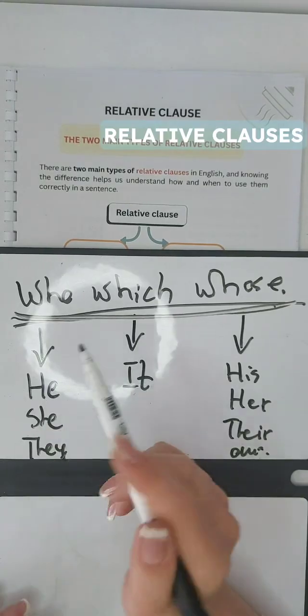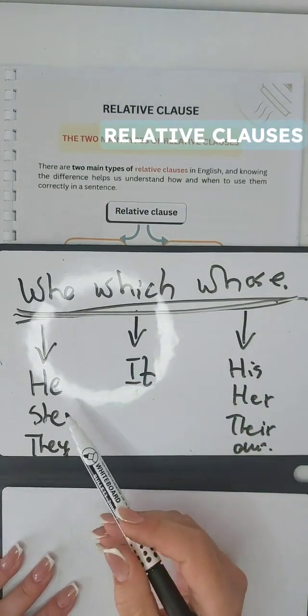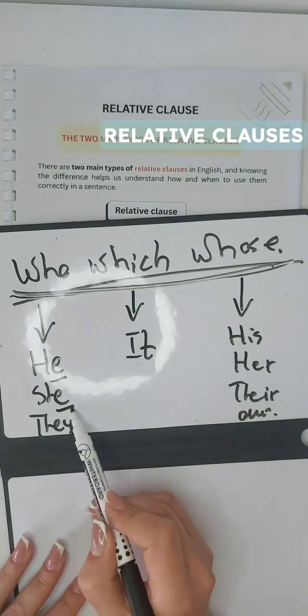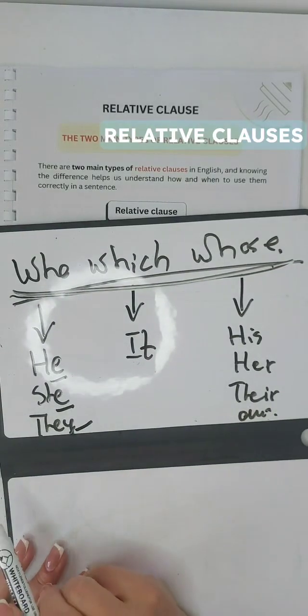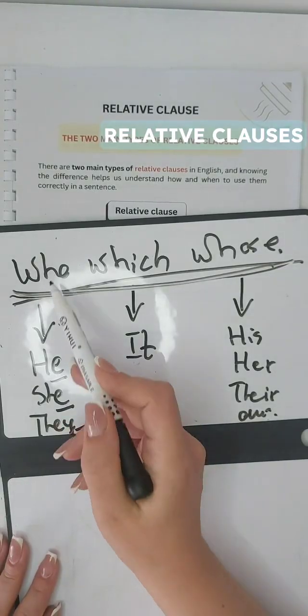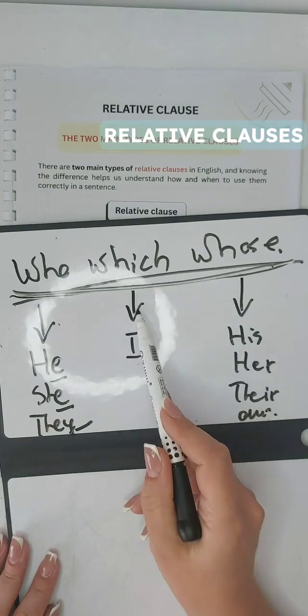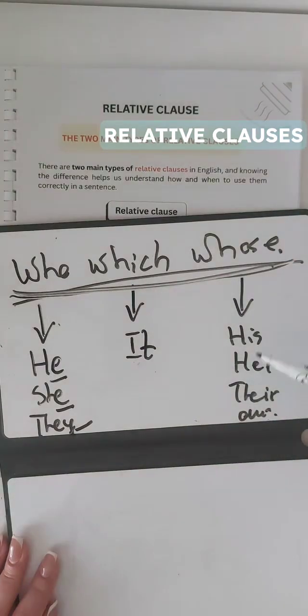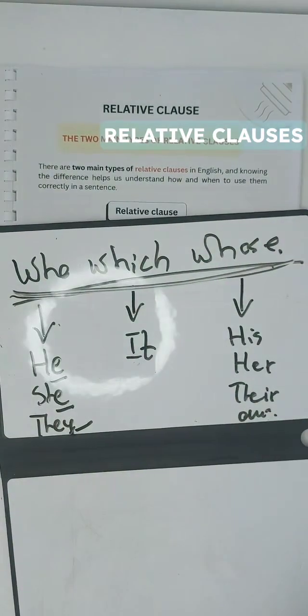They replace words such as he, she, they, you, and so on. We use who for people, which for things and animals, whose for possession, and so on, right?